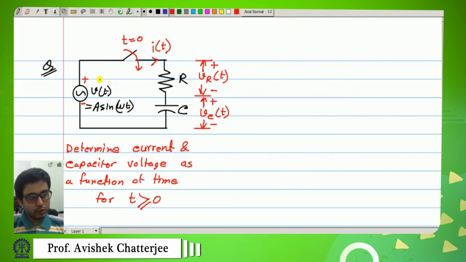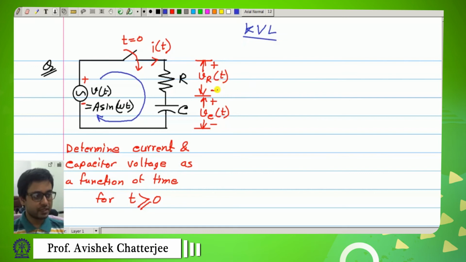Okay, now after this switch is closed, you can consider this a closed loop and write a KVL equation, Kirchhoff's voltage law.